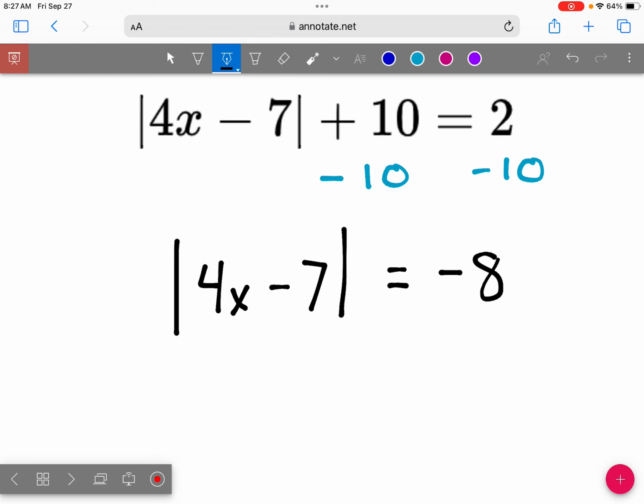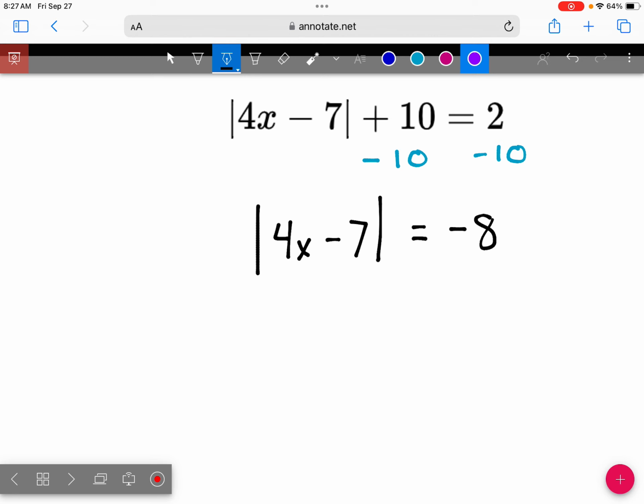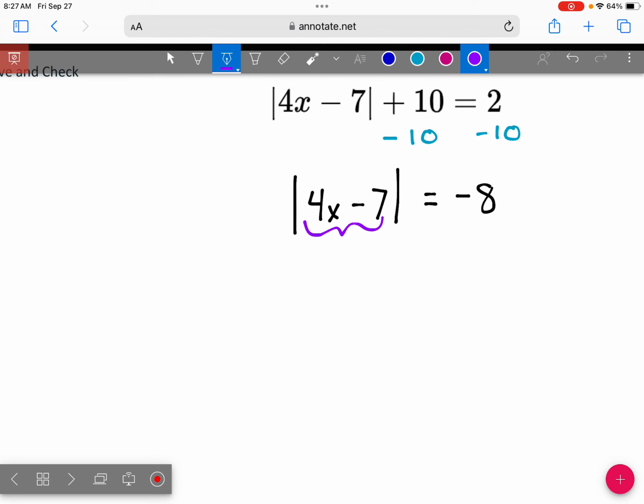Let's see if we can solve it. We want to know if my absolute value bars aren't doing much, 4x minus 7. Absolute value bars always give us a positive answer. So wait a second.